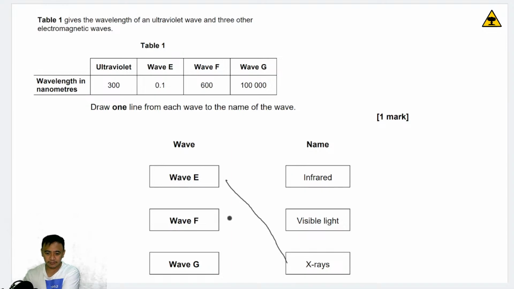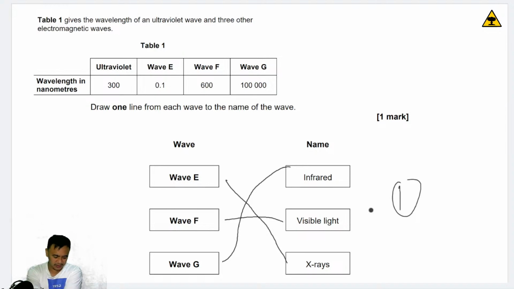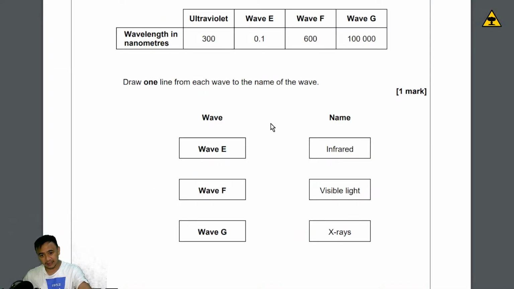Wave F is visible light. Correct. You don't have to memorize the actual wavelengths. Once one is given, you just have to think of relatively which ones should be shorter and which should be longer. Alright, next.